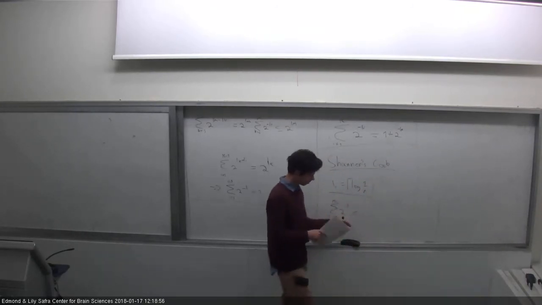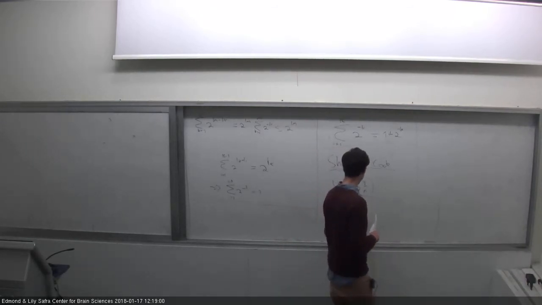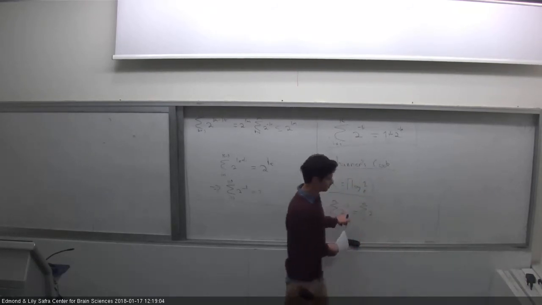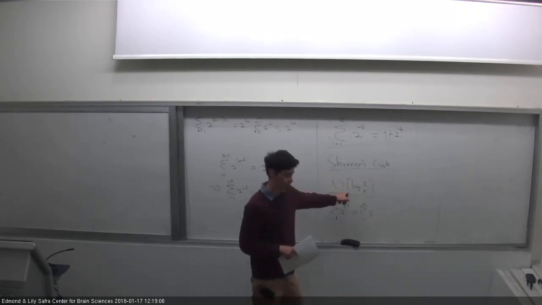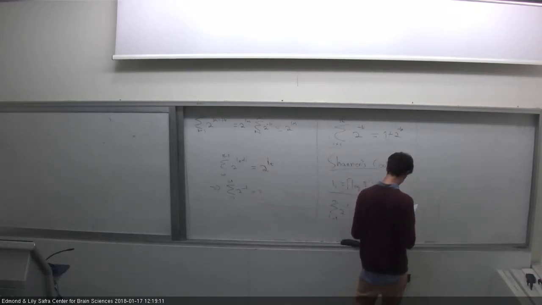So this is equal to the sum over all the possibilities of 2 to the minus Li, where Li is the rounded-up log of 1 over pi.